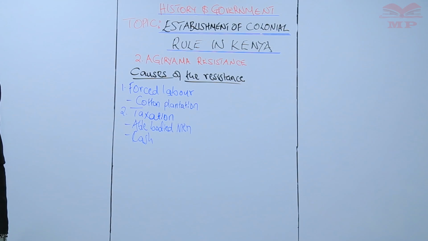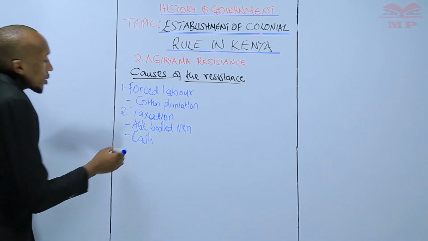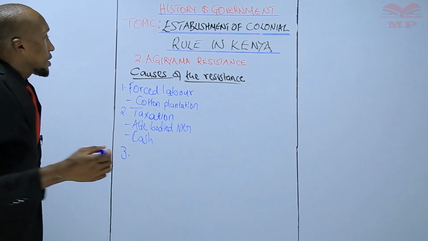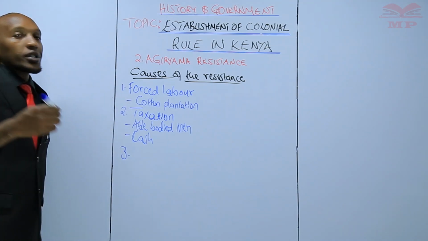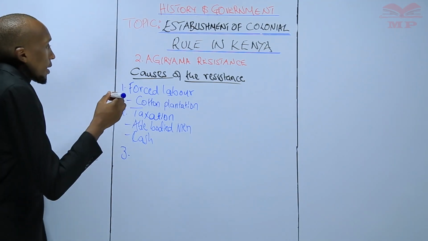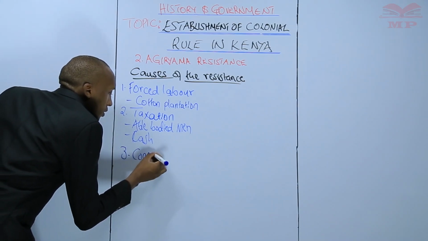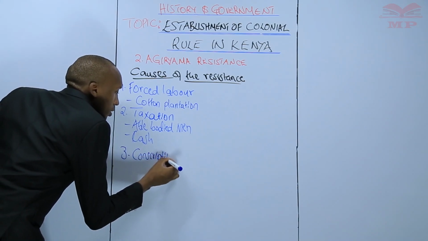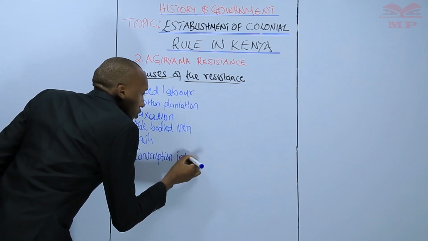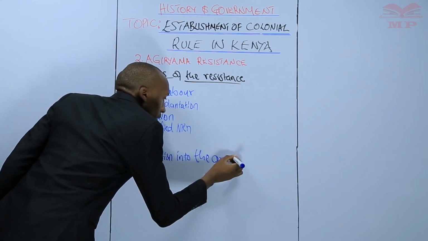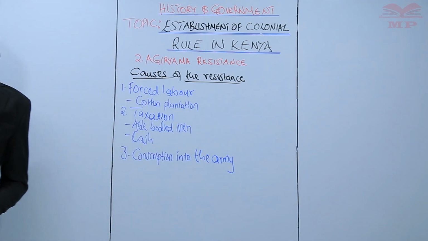The next factor that made the Agiryama people resist the British rule was conscription into the army.